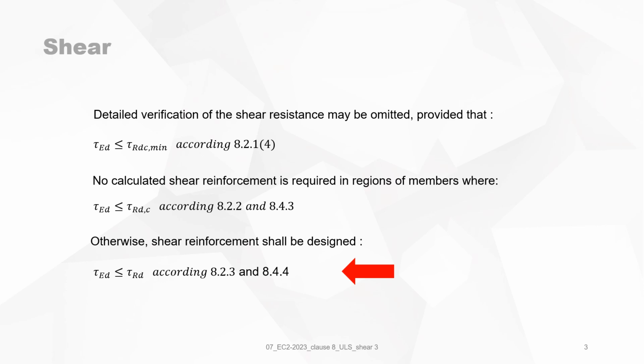You need shear reinforcement when the applied shear stress, tau_Ed, is bigger than the shear capacity of the concrete alone. And you have to put shear reinforcement in such a way that the design value of the resistant shear must be bigger than the applied design value of the shear stress.